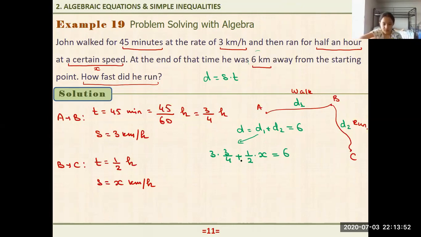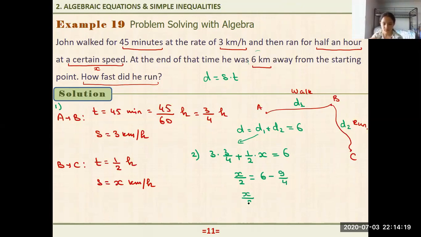Right, now we need to solve this problem. It's just an equation now. So that is the first step. And this is the second step. If you solve this, 3 times 3, 9 over 4, take to the right hand side. So here we have x over 2. On the right hand side, we have 6 minus 9 over 4. Now let's simplify this.